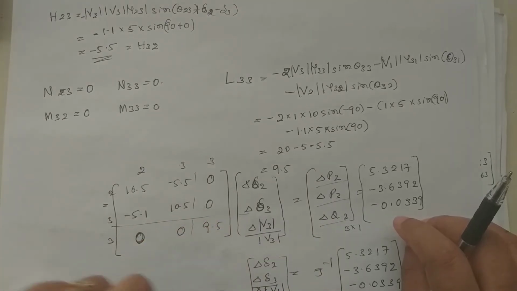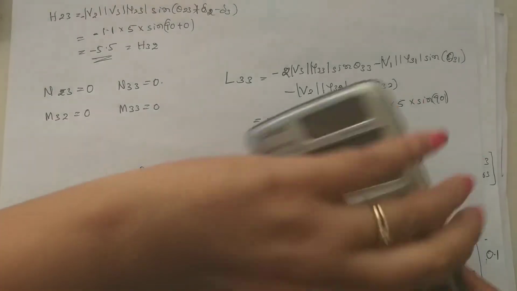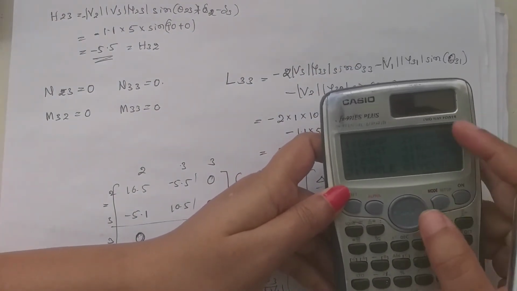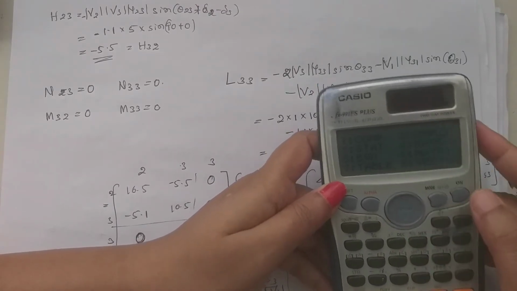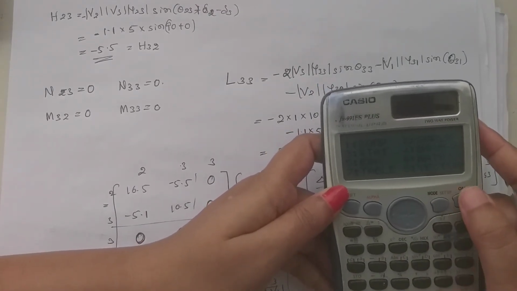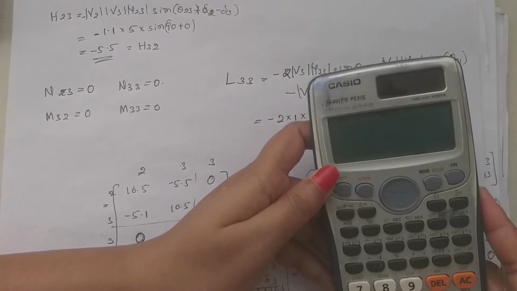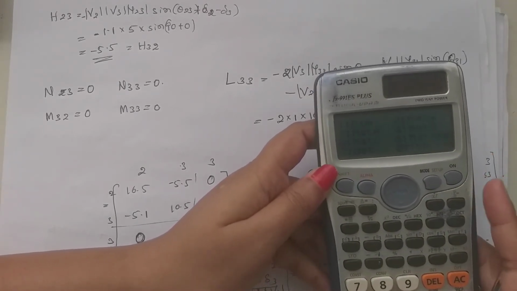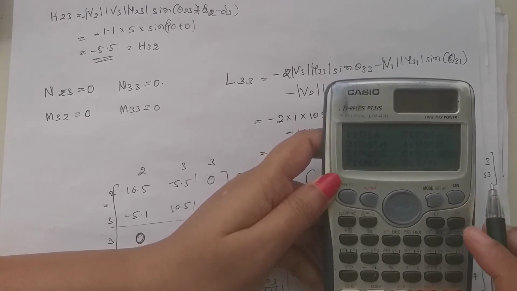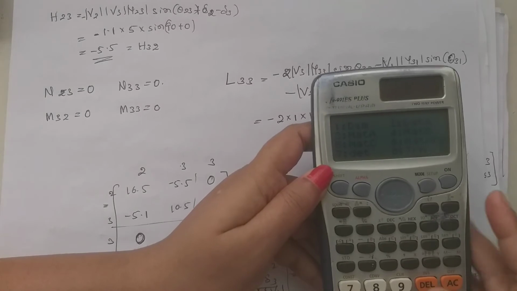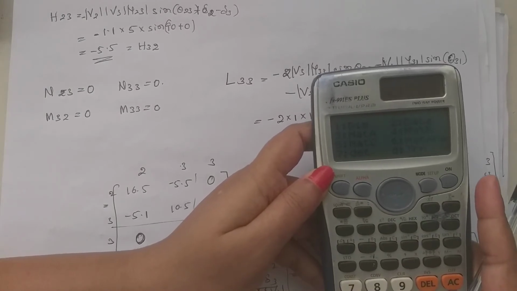Using the calculator, first make sure that your calculator mode is matrix. Pressing 6 you get matrix mode, then press shift 4. It is asking whether you want to enter the data, dimension. Yes, I want to enter the dimension.